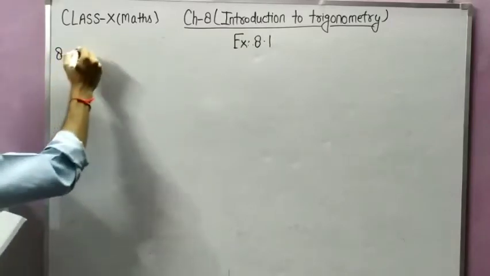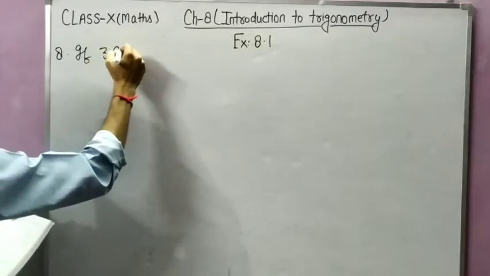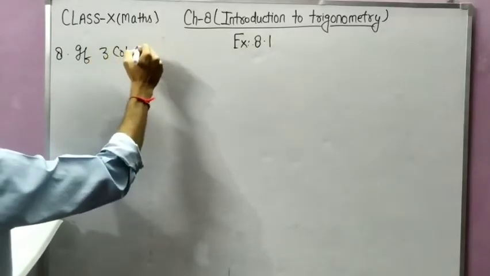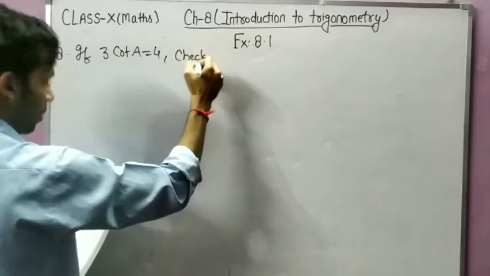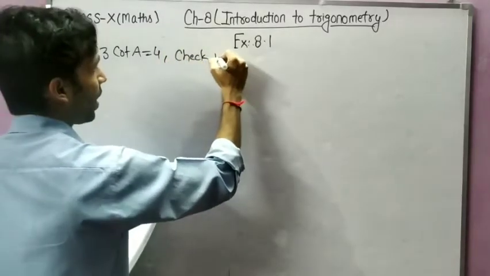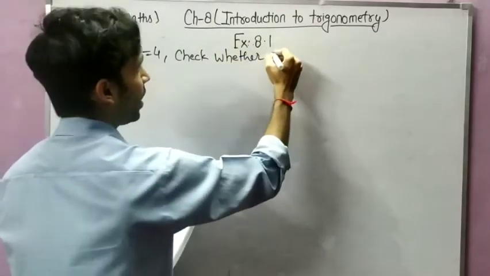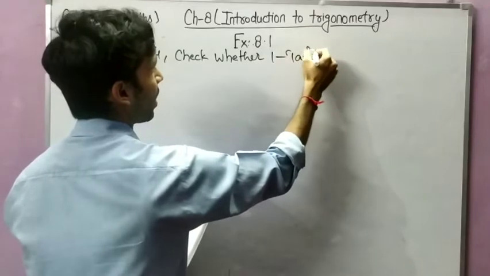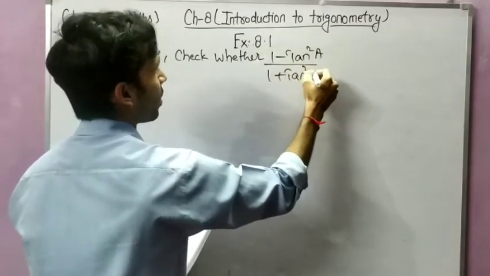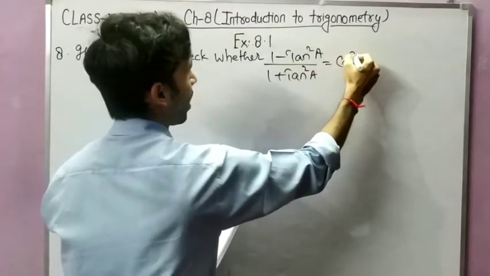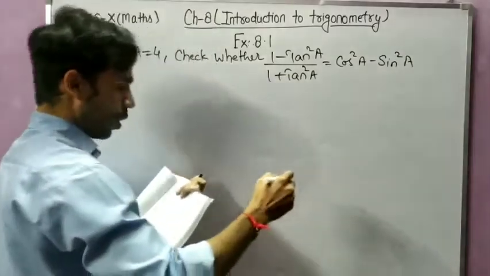student, if 3 cot A equals 4, check whether (1 minus tan square A) upon (1 plus tan square A) is equal to cos square A minus sin square A or not, okay.